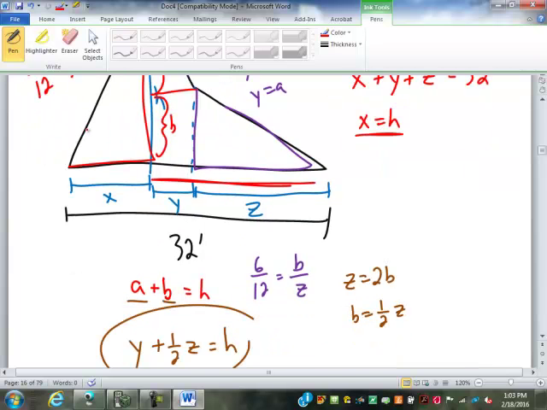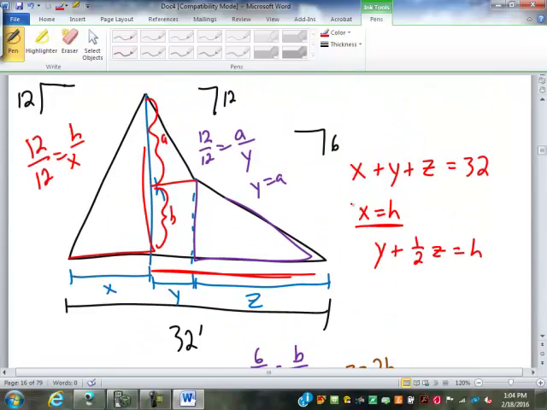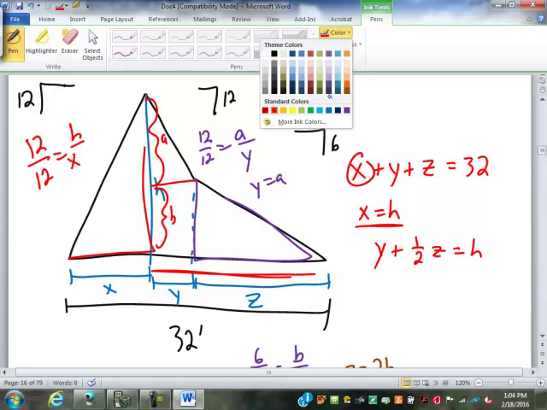So we know that Y plus 1 half Z equals H. So then that also means that Y plus 1 half Z equals X. Or is that not relevant? Well, here's the thing. We've got an issue here. I can replace X with H here.